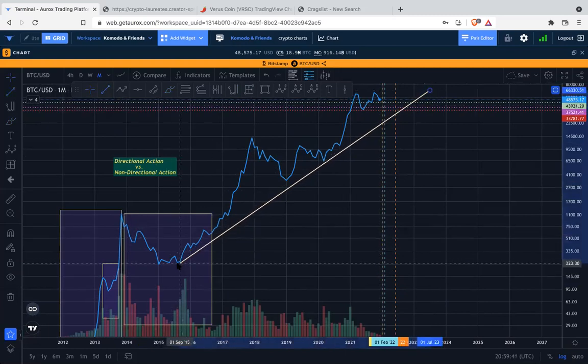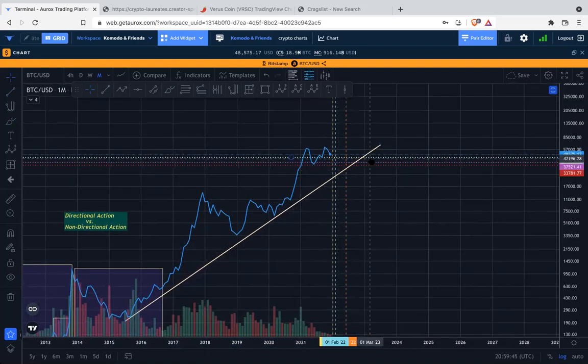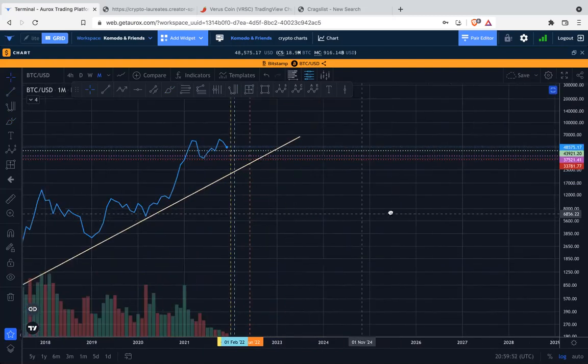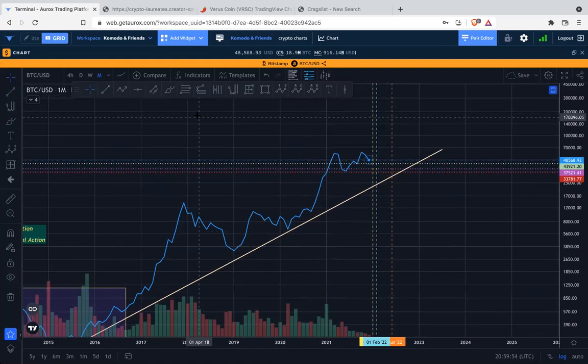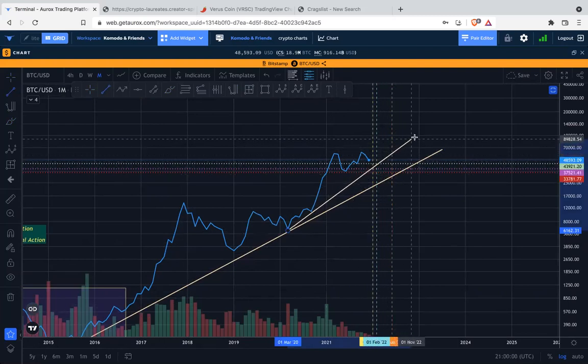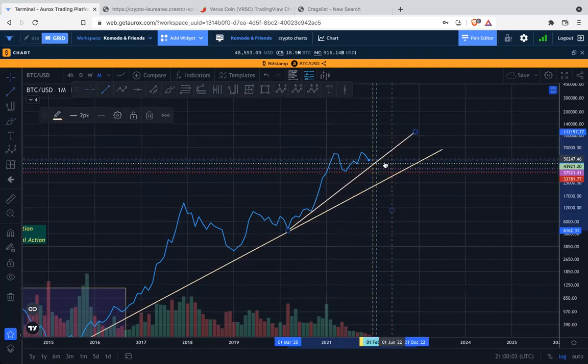So I get the sense that I don't know if we're going to be coming down to this trend line here. However, if we're starting our count here for this current move of whatever degree it is, we are very close to... let's see here.